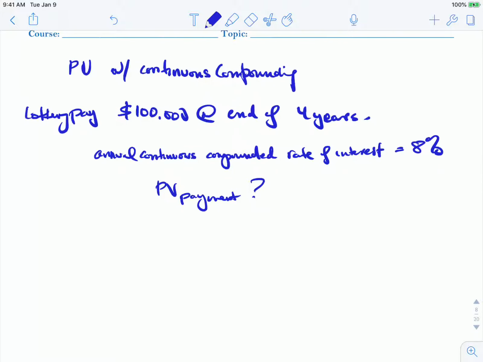You can transpose the future value of continuous compounding into present terms.